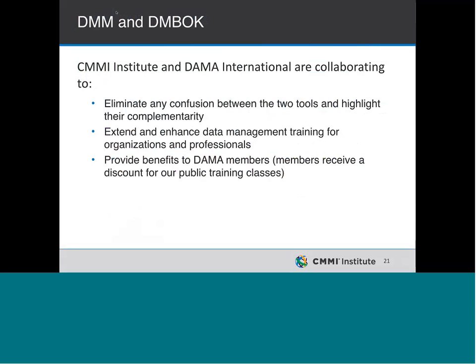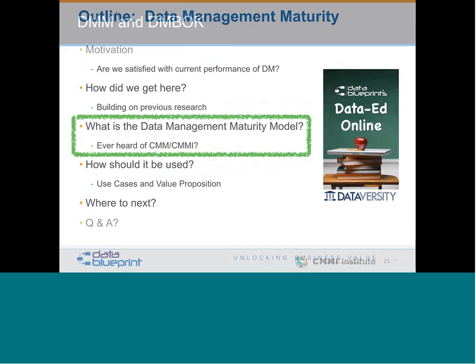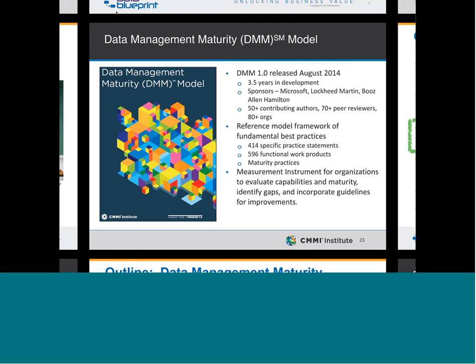As you might suspect, we're collaborating between the two organizations to eliminate the confusion between the tools and to highlight the real nice complementarity that goes into this, because Melanie was very familiar with what was going on in there, and this will extend training to different organizations and professionals and provide benefits to members of the respective organizations here. So let's look at what does actually comprise the model.